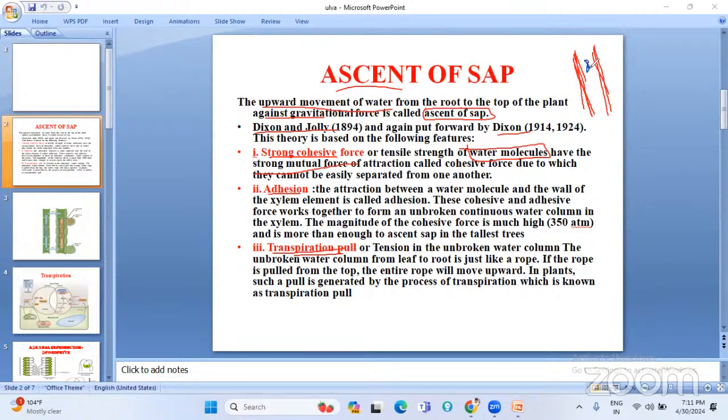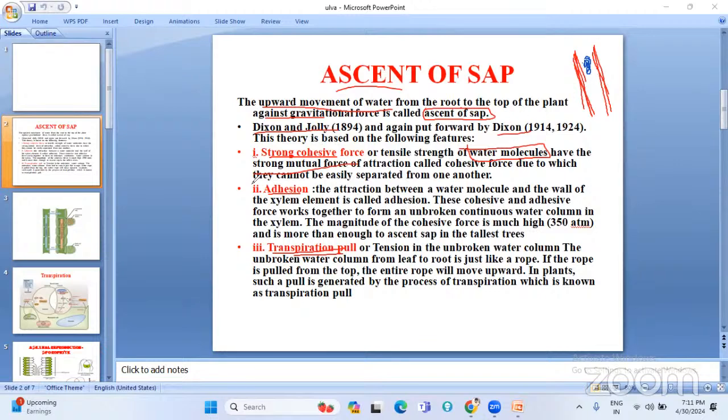Water cannot be separated due to this force, the strong cohesion force. These water molecules cannot be separated with the help of the cohesion force.